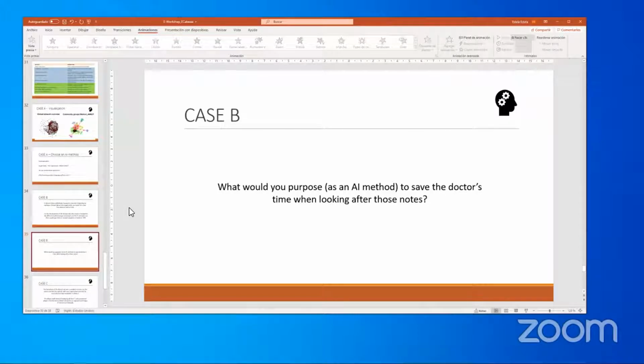Okay, explain to me. Deep learning, but which kind of deep learning? Supervised method. Awesome, perfect. Yes, because in this case, you have the labels, you know what you are looking for. But which kind of label in case of a supervised method would you use if you don't know in which category or in which part of the electronic health record the technician has added the information?